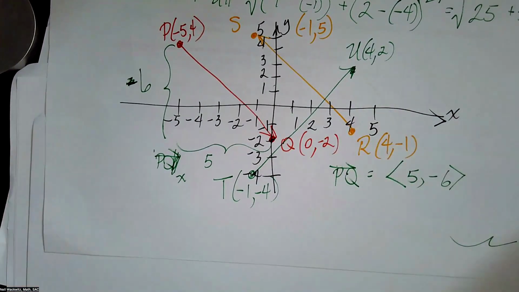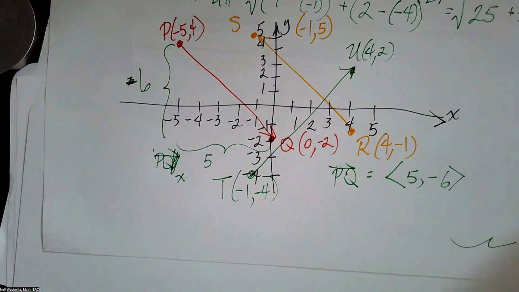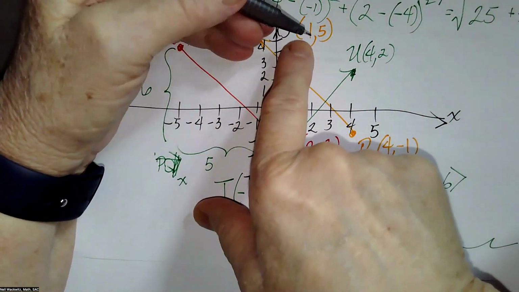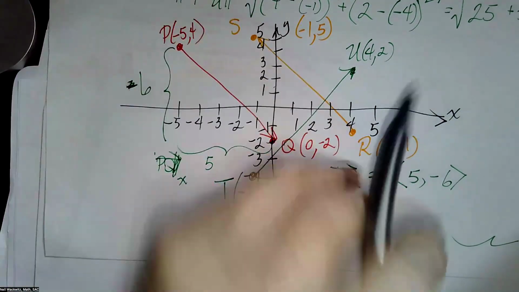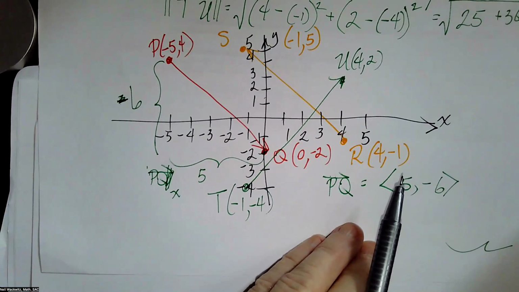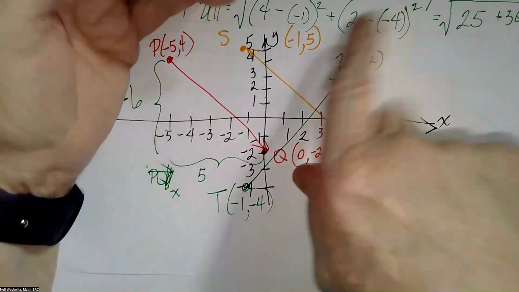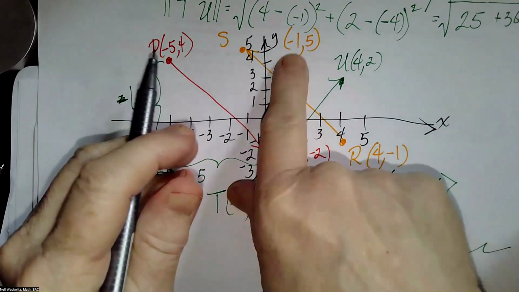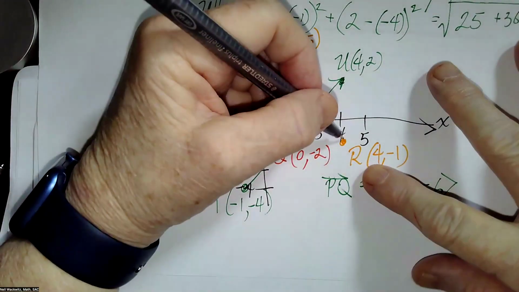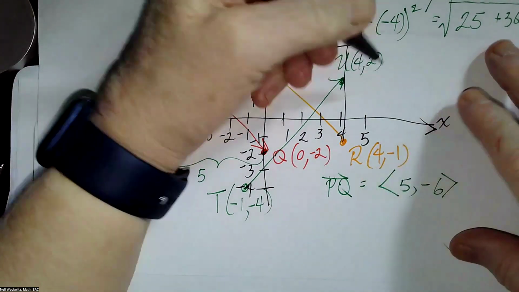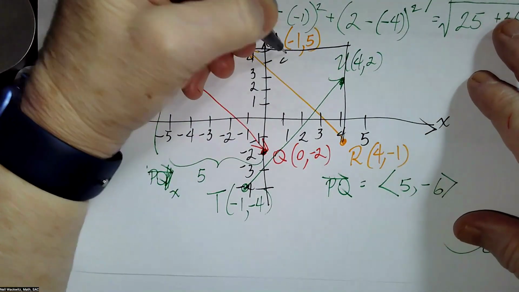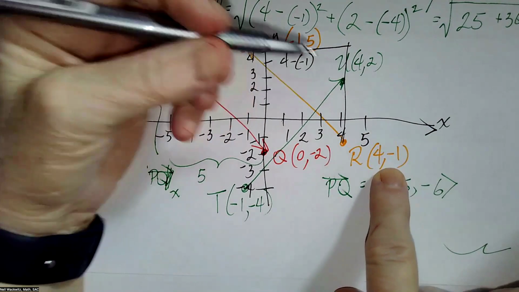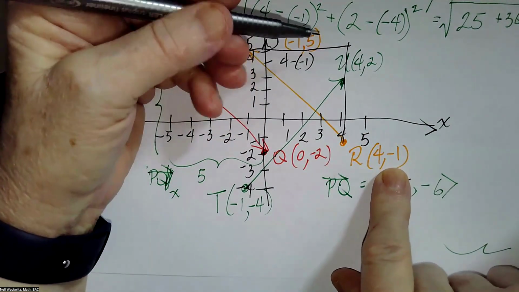And what about SR? Let's see. We start at 4 and we go back to -1. And in the y direction, we start at -1 and we go up to 5.